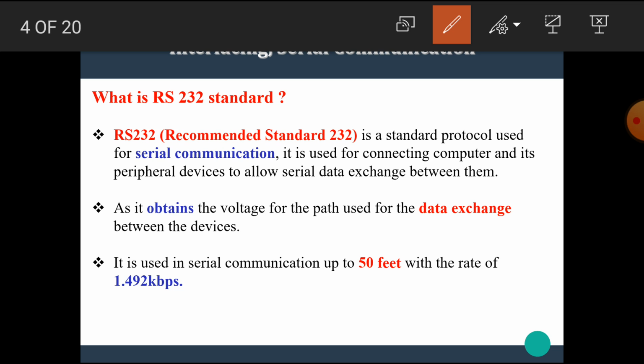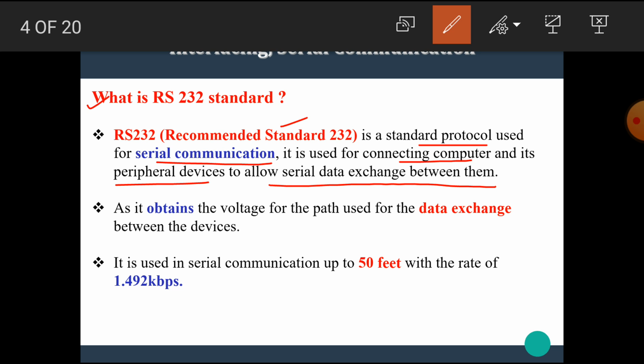Now let's start our today's topic. What is the RS-232 standard? RS-232, that means Recommended Standard 232, is a standard protocol used for serial communication. It is used for connecting a computer and its peripheral device to allow serial data exchange between them.